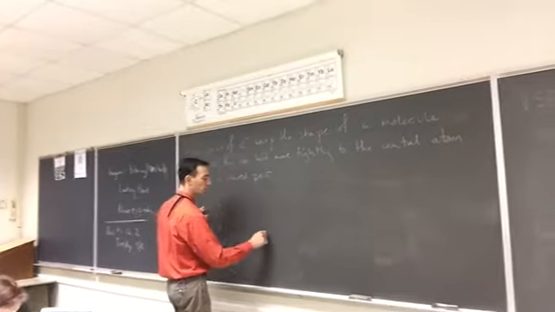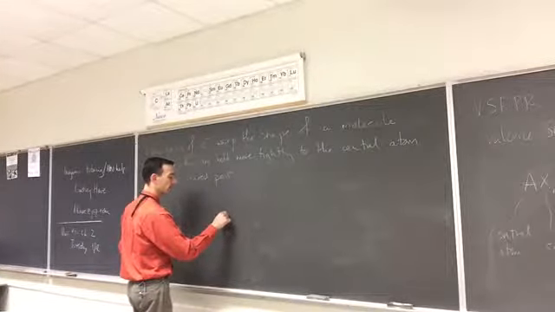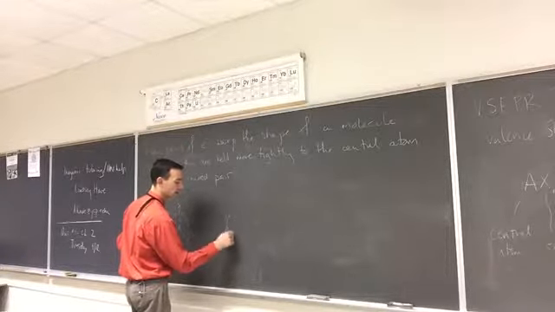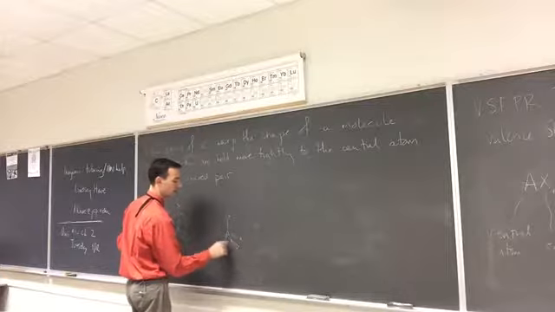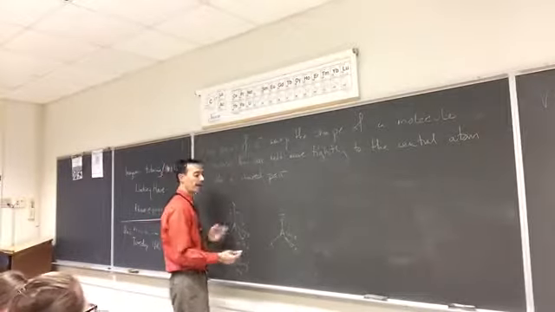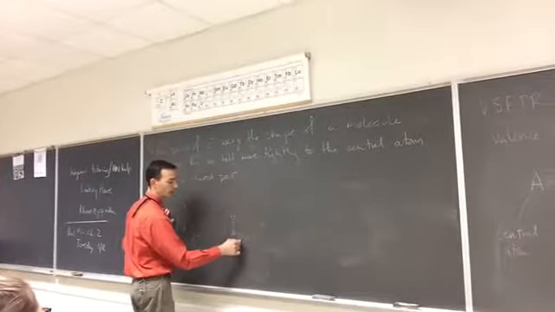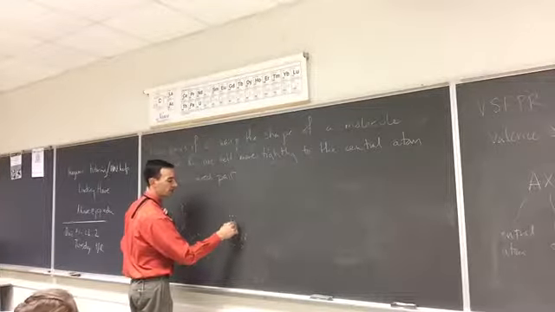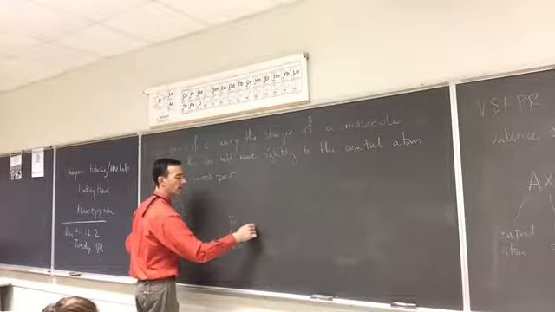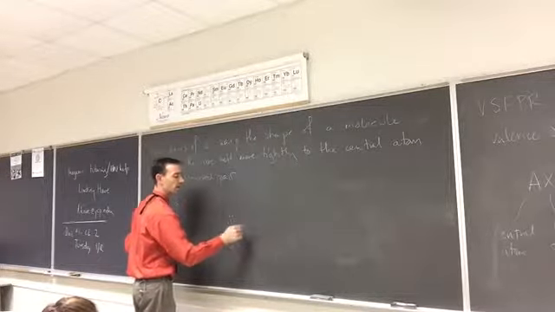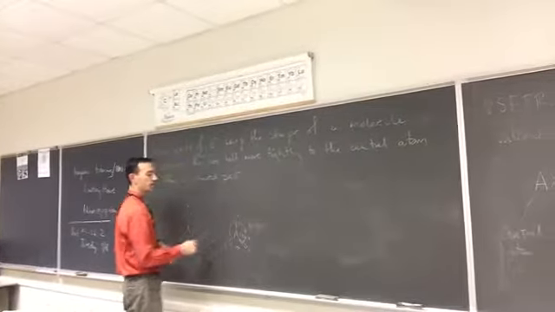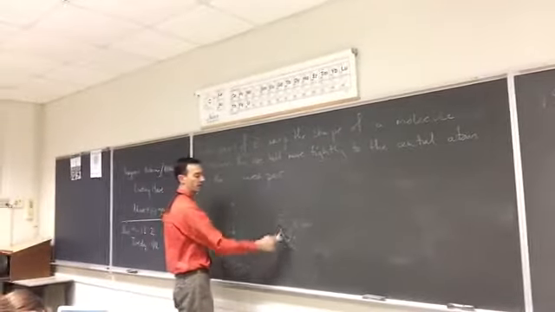If we replace one of our shared pairs with a lone pair of electrons, so we move to AX3, we now have bonding pair interactions, and this is a lone pair bonding pair interaction. All right, that's occurring between the lone pair and all three.